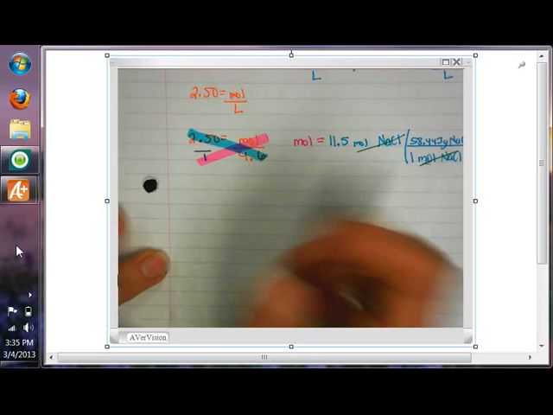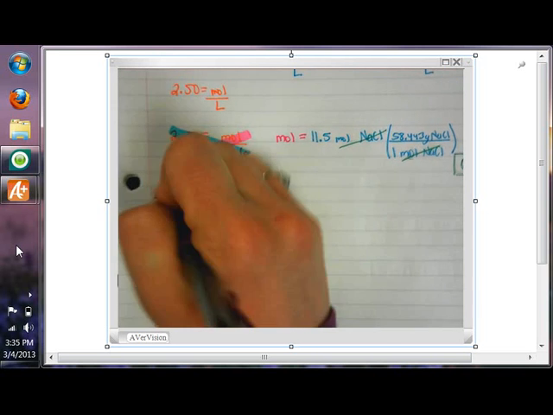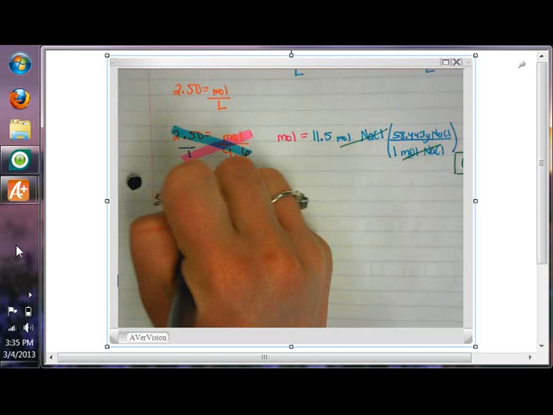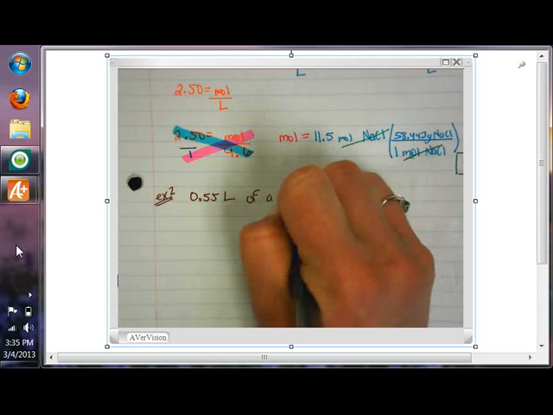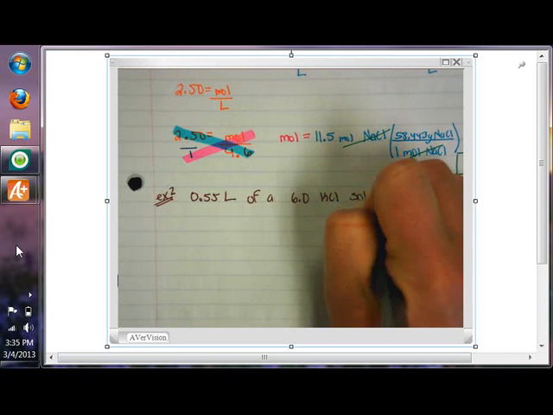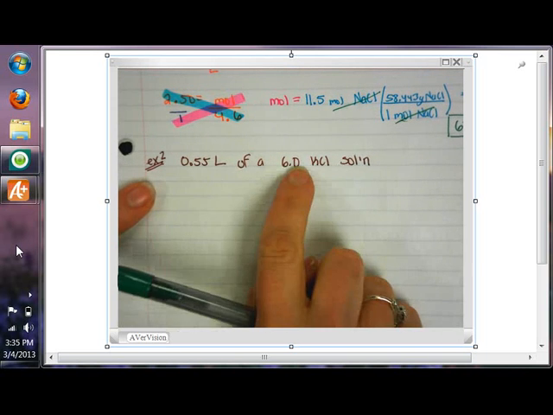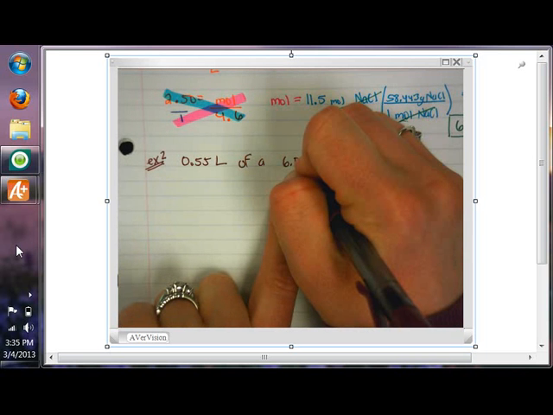Let's try one more of those examples, and then you'll be all through with tonight's notes homework. So example 2, let's say if I have 0.55 liters of a 6.0 molar KCl solution. So you always start with your molarity.